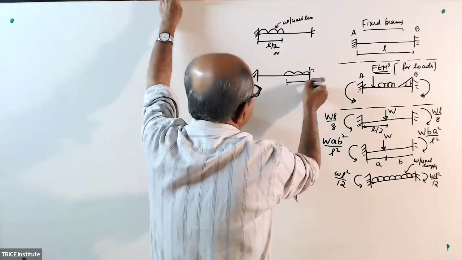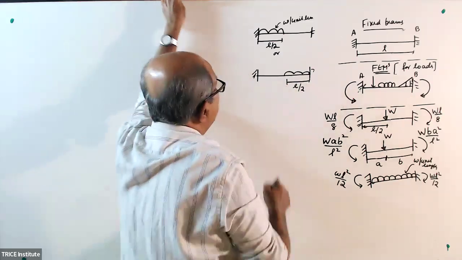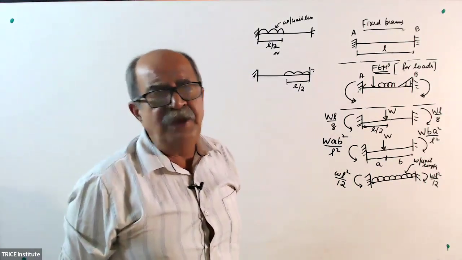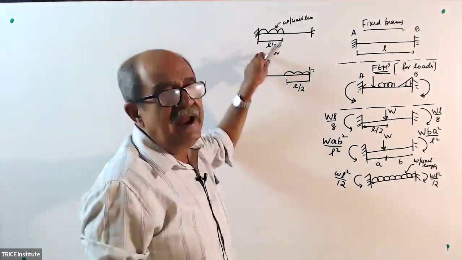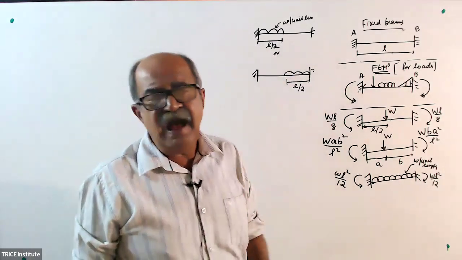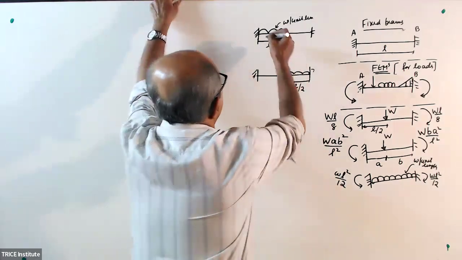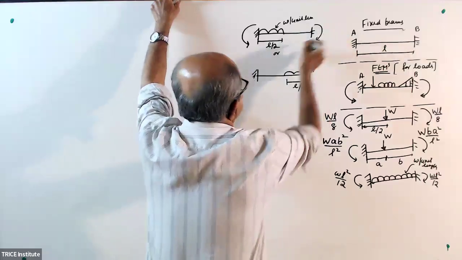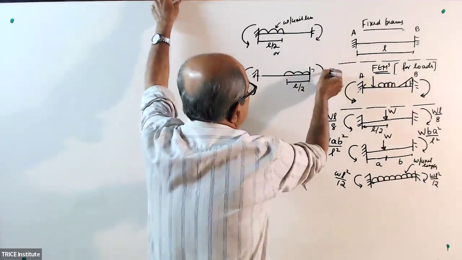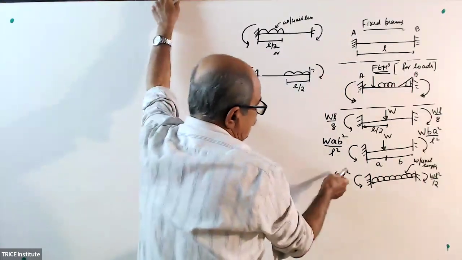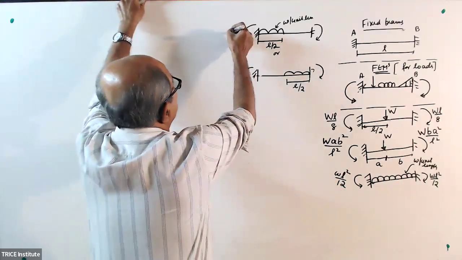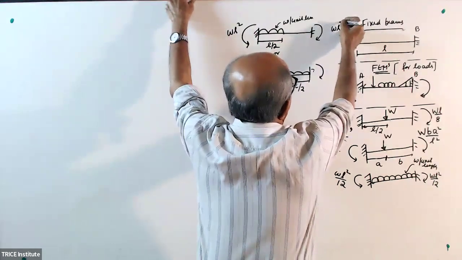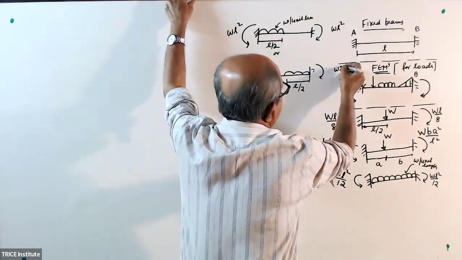L by 2 from that side. That is fixed beam with UDL of intensity w per unit length starting from one end and extending up to center. Then the formula will be again anti-clockwise, clockwise. This is same. See, loading means same. How to remember is for UDL, see, wL square guaranteed. wL square. Everywhere wL square guaranteed.